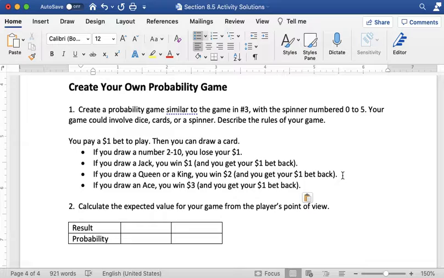And when thinking about setting up a game, you want to think about the probability of the things that can happen. And then you also want to think about what the expected value is going to be. The idea here is to make a game that is random and doesn't involve a thinking choice on the part of the player.